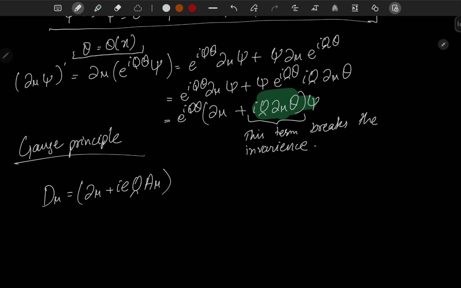That will be clear at the end when we write the full Lagrangian. So to solve the local invariance of this Lagrangian, we introduced a covariant derivative.